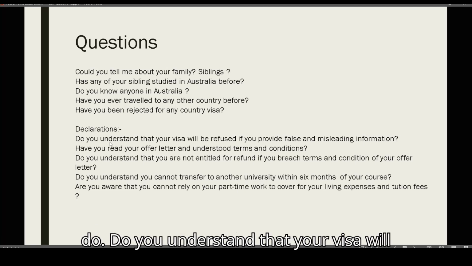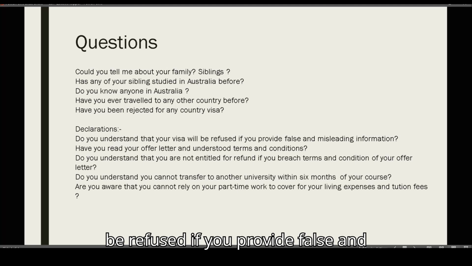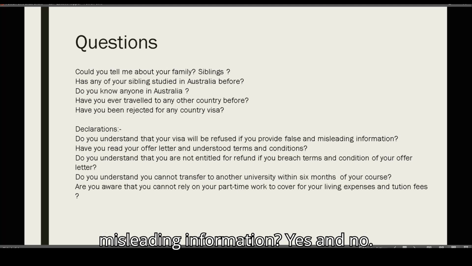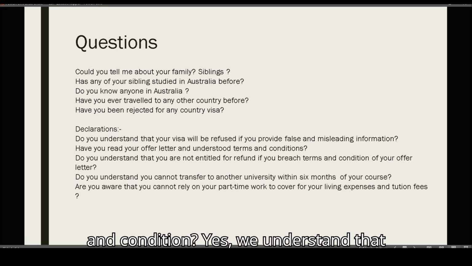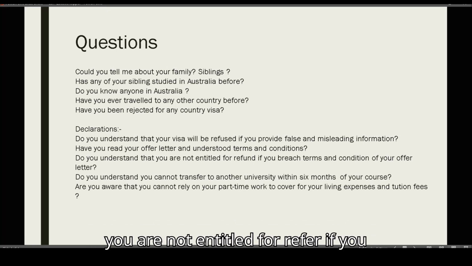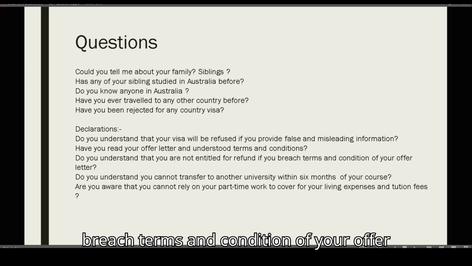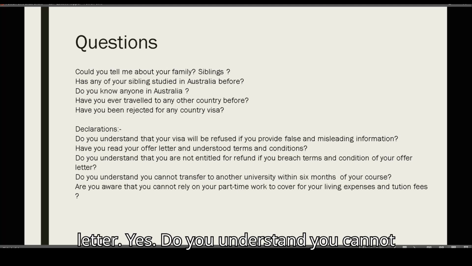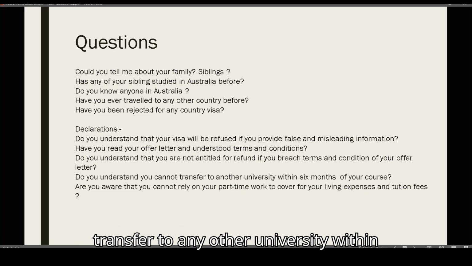Do you understand that your visa will be refused if you provide false and misleading information? Yes or no. Obviously, always say yes. Have you read your offer letter and understood the terms and conditions? Yes. Do you understand that you are not entitled to a refund if you breach the terms and conditions of your offer letter? Yes. Do you understand you cannot transfer to any other university within 6 months of your course?